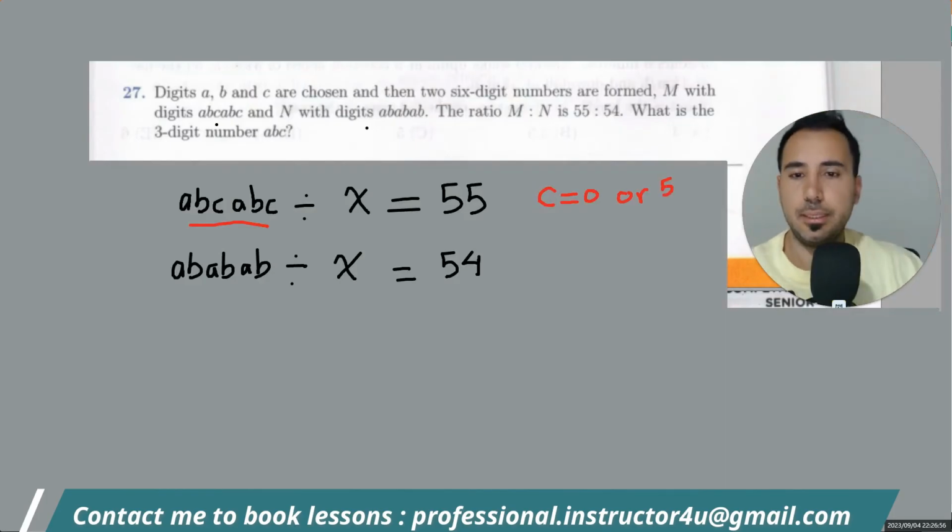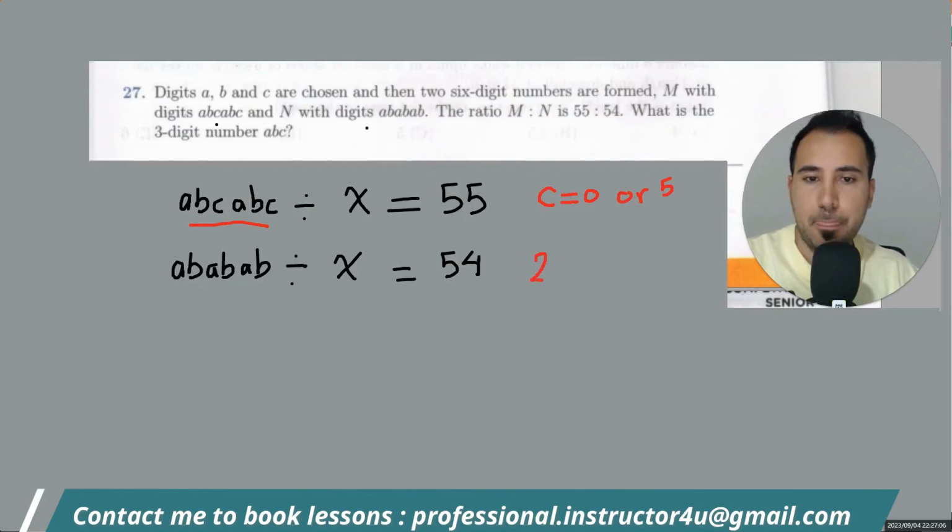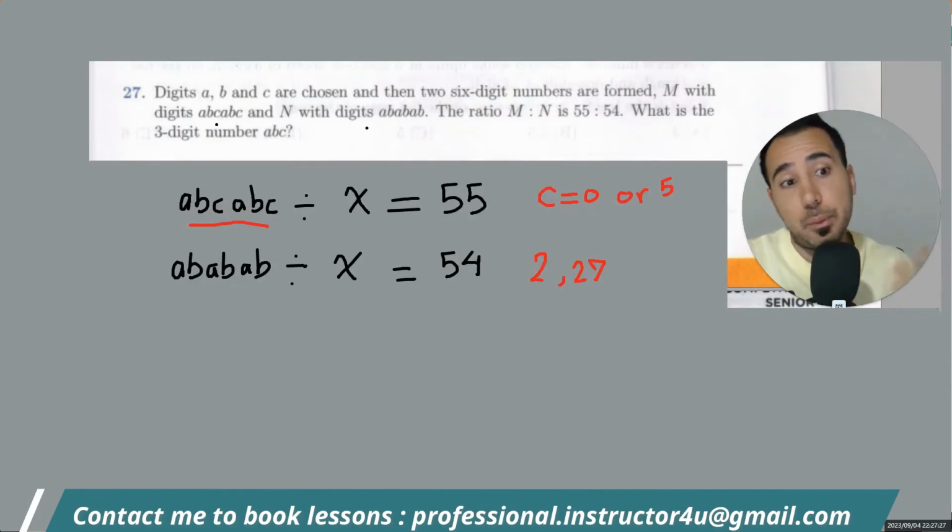Okay, now let's see about this one. ABABAB is supposed to be divisible by 2. It's also supposed to be divisible by 27. Not just 9, 27. If a number is divisible by 27, it's supposed to be divisible by 9, and then when we divide it by 9 it must still be divisible by an additional 3.